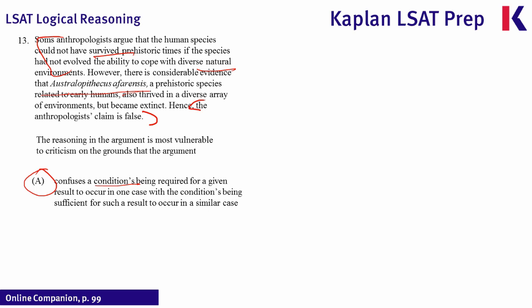Saying that that versatility was required, necessary for the given result of survival, is different from and cannot be confused with saying that that versatility, that's the condition once again, was sufficient for survival in the case of afarensis. Which, admittedly, it was not, but sufficiency is not what the anthropologists were claiming. I hope you see it now. Bye.